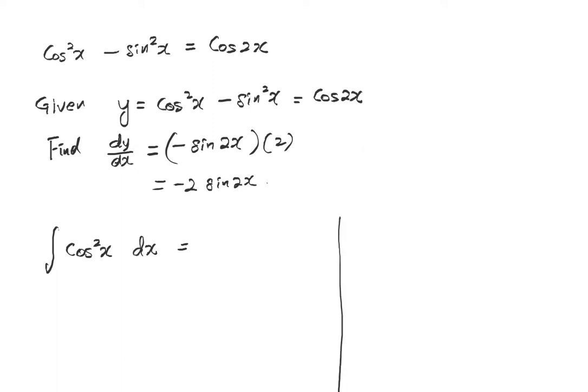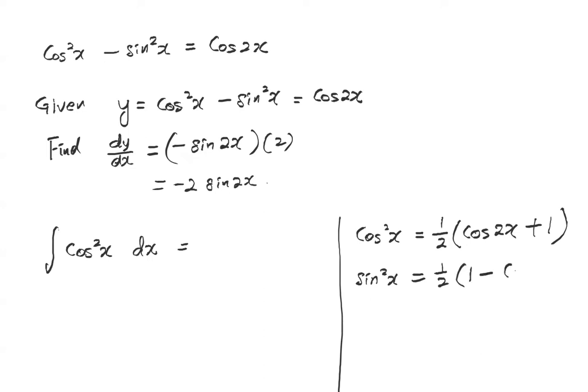For this angle, we also know that cos square x is equal to half of cos 2x plus 1. Sin square x is equal to half of 1 minus cos 2x. So you replace all this with this, then you can use it.